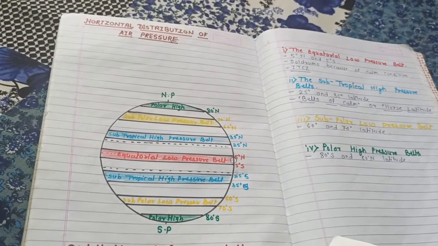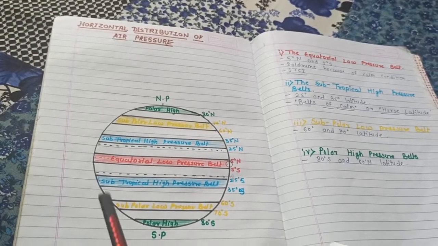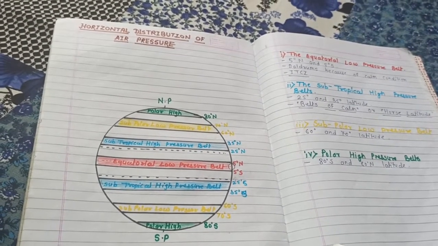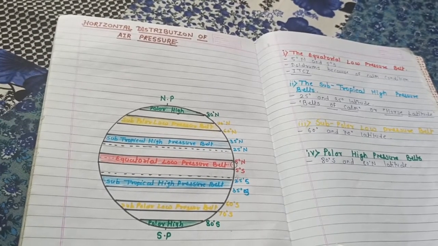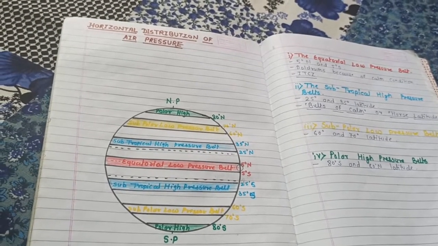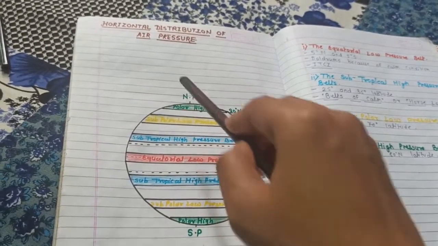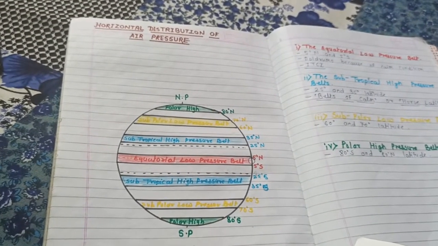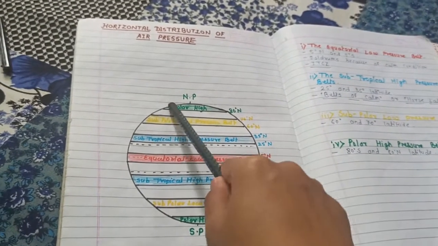They are caused as the polar regions experience extremely low temperature throughout the year due to very slanting sun rays. The air in these belts remains cold and dense, and that creates the high pressure here.